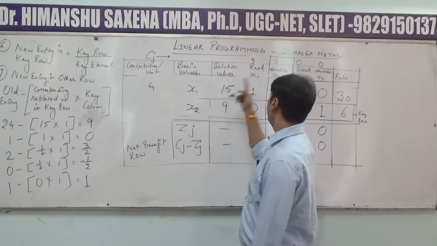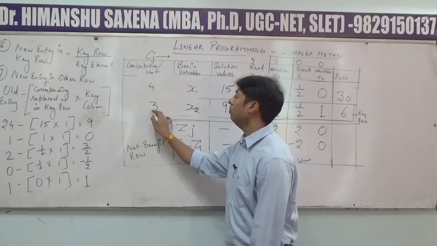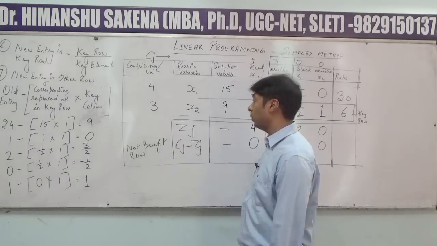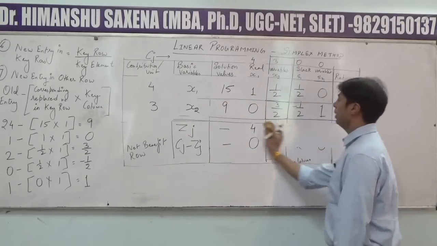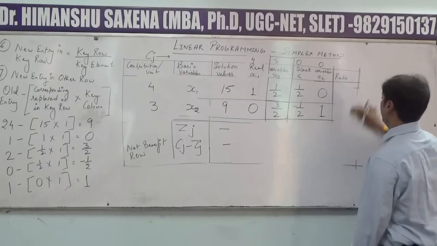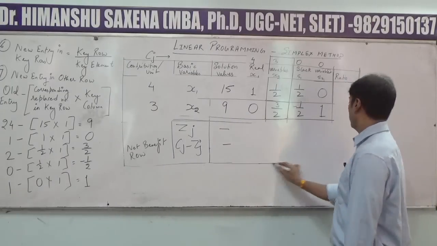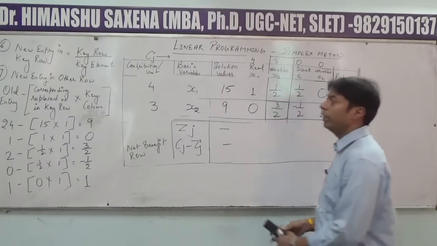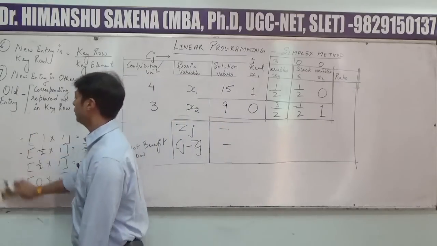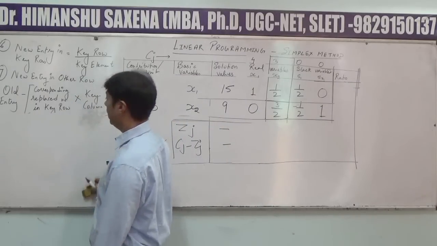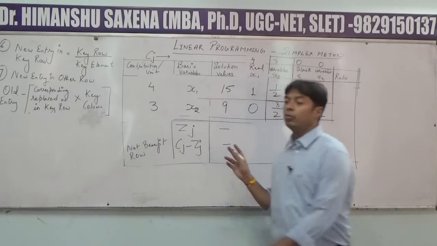Now when X2 is coming, you will have to bring along its profit also, which is equal to 3. Now we are going to make changes in both these rows, and how? We are going to apply both these formulae once again to make changes in these two rows.